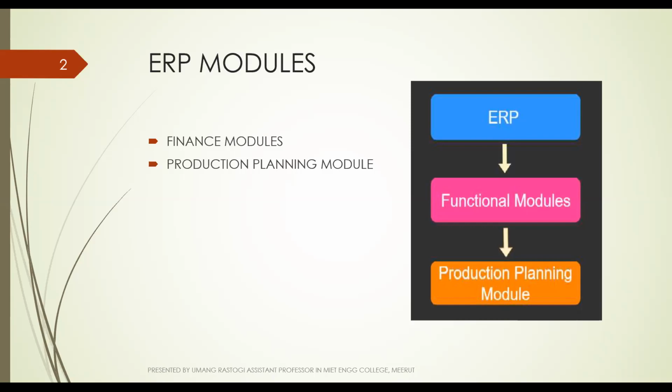Here in the ERP system, two major modules are there: first, the functional module, and second, the production planning module. In further topics, I will tell you about many other modules also, but in the ERP, mainly two modules are there, the functional module and the production planning module. So first we have to start with the finance module.